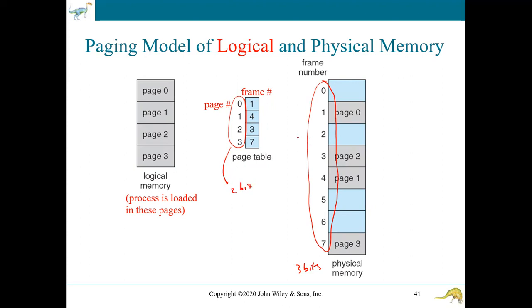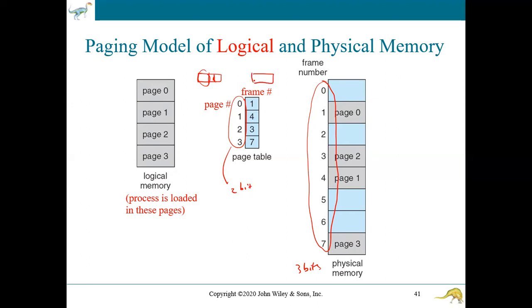And offset, we don't know. You didn't tell me anything about the size of each frame or page, so we can't talk about it. But your logical address, you're allocating 2 bits for the page number. And you have to translate that. This is the offset. Offset is displacement, right?